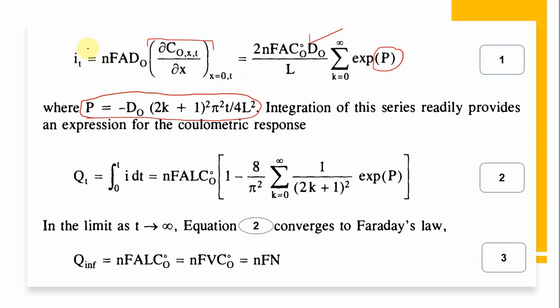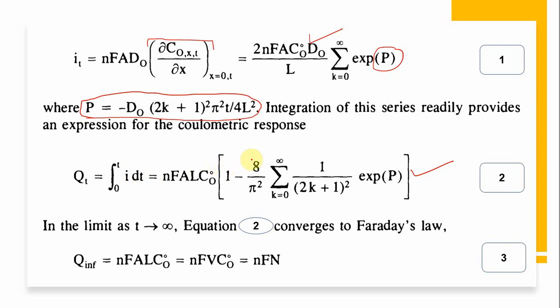Now if we integrate this, we can get charge, and for charge we get this kind of expression. That is, we integrate under the time 0 to t, the time in which the step was taken and then maintained, and then when the step was reversed to a final potential, the current was noted and converted into a charge.